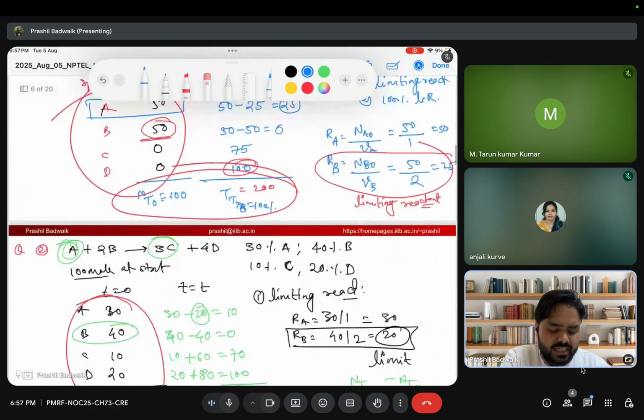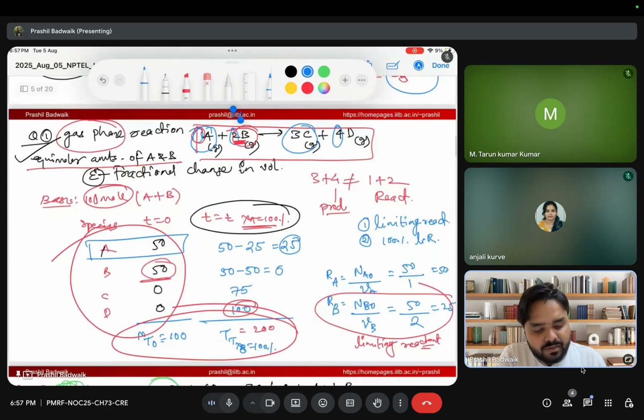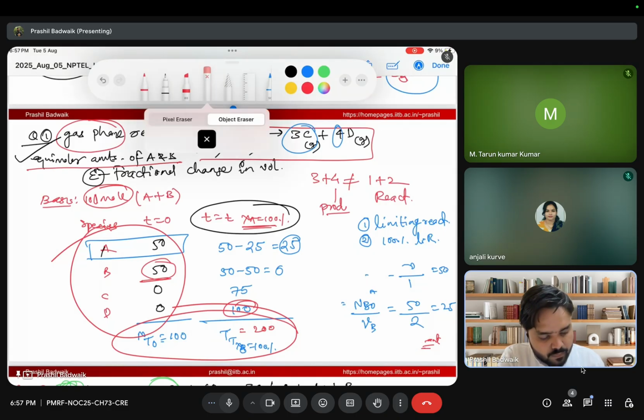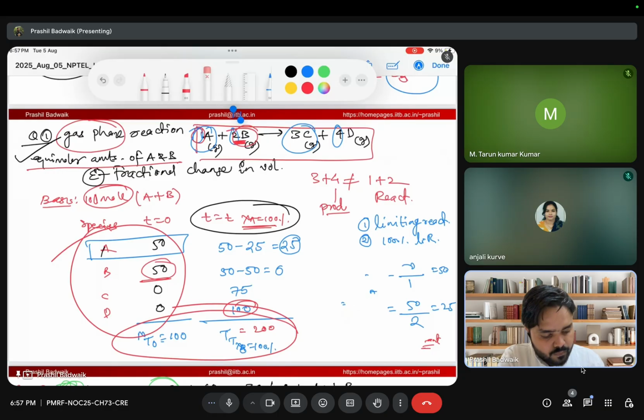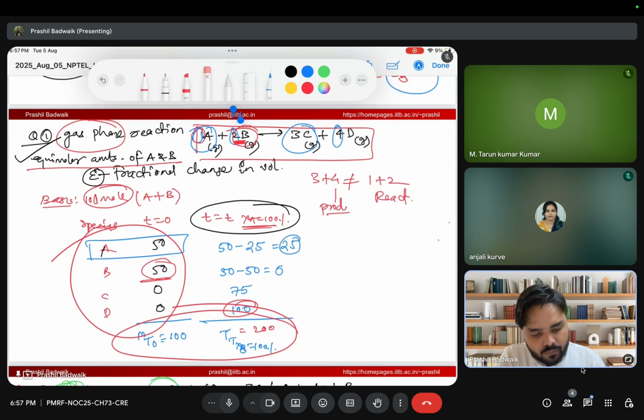So in this reaction, I will just erase this part. Can anyone calculate what is epsilon A?